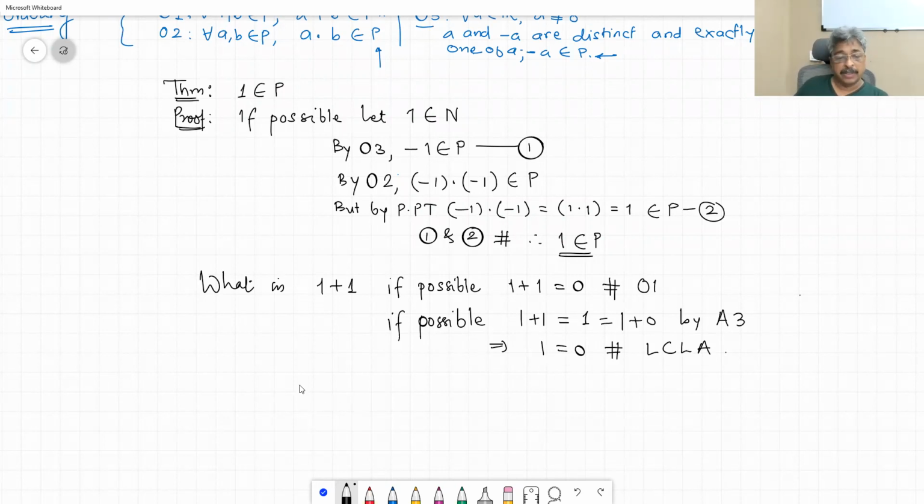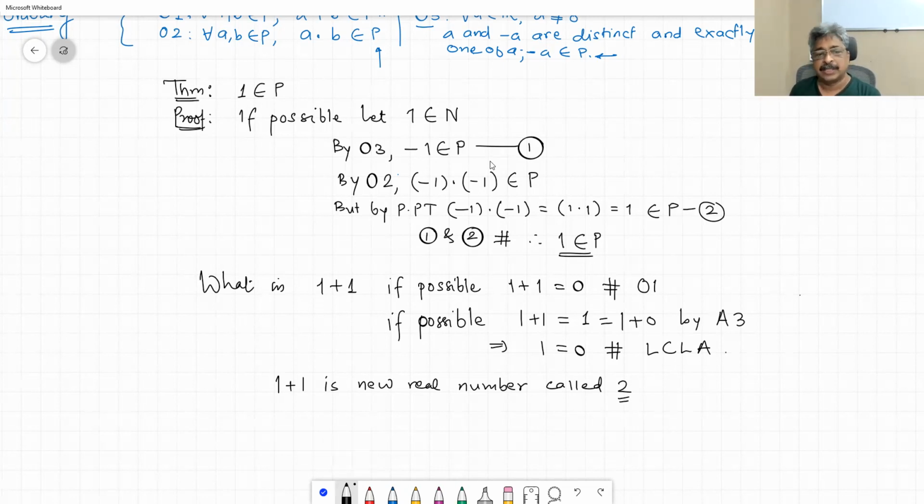And therefore, because of O1, O2, O3, we are forced to name 1 plus 1 a new real number called 2. And hence we got 2 with us. This is the third real number that we have. And hence we have 3, 4, 5, 6. Hence we have minus 1, minus 2, minus 3, minus 4 by similar reasoning. Because if we have 2, then by A4 there exists an opposite number.